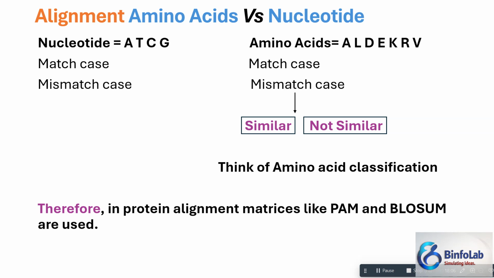On the other hand, another group of amino acids contain a negative charge: aspartic acid and glutamic acid. Now, there are some amino acids which are hydrophobic in nature, let's say alanine, valine, leucine, isoleucine, and a few more. I think seven or eight in total. They are hydrophobic amino acids.